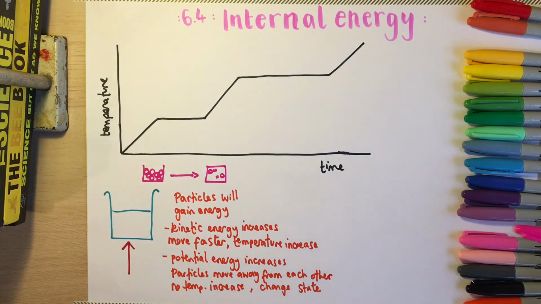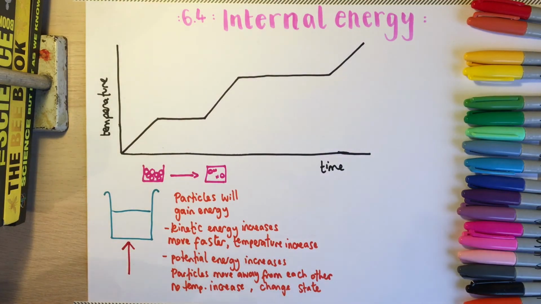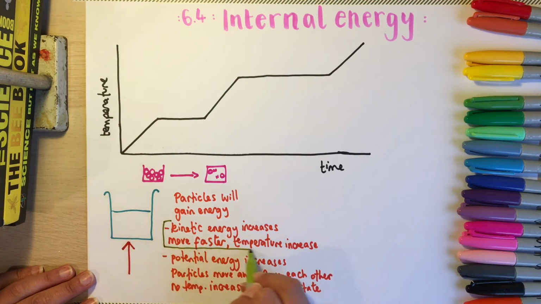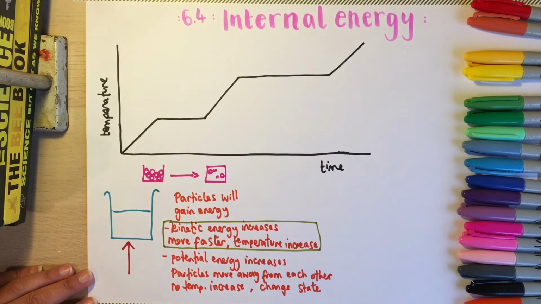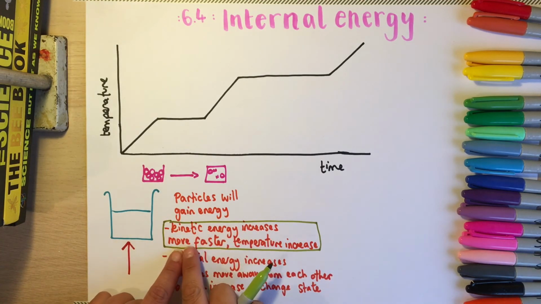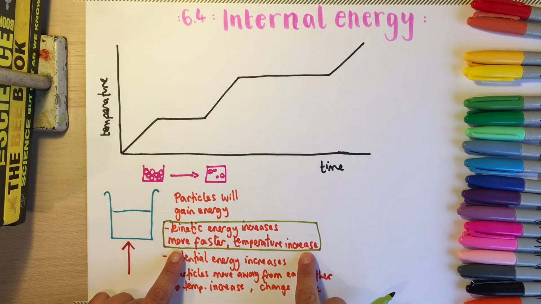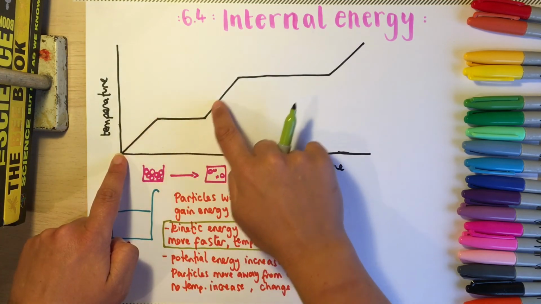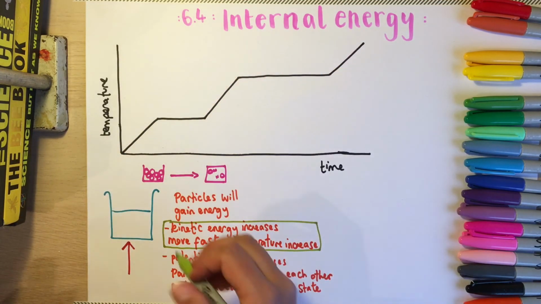Okay, so let's have a look at this then. If we colour code this, for kinetic energy increases, let's make that green. Kinetic energy increases, so they move faster and the temperature increases. We should be able to label our graph with the places where the kinetic energy is increasing. So have a think about it first. And hopefully you've spotted, because the temperature is increasing, it's any of these bits that have a sloped line.